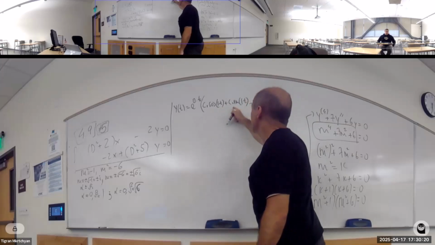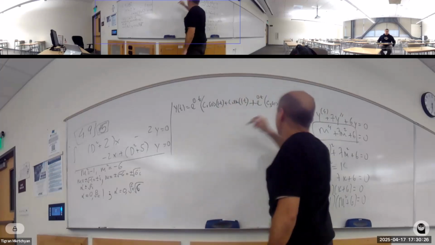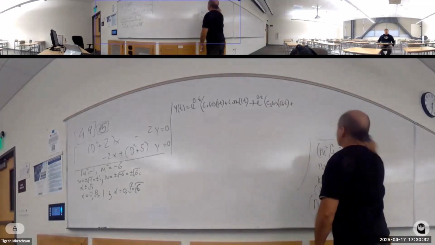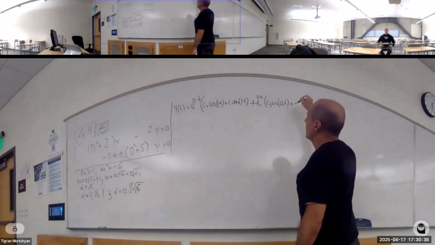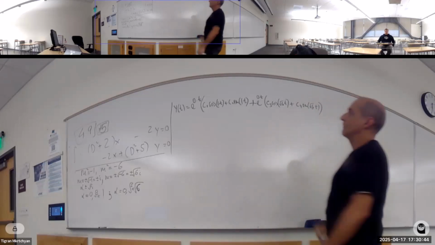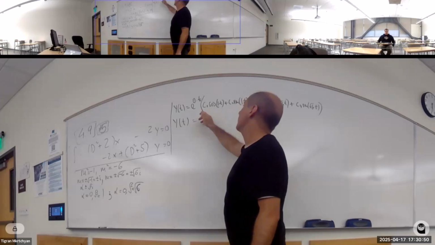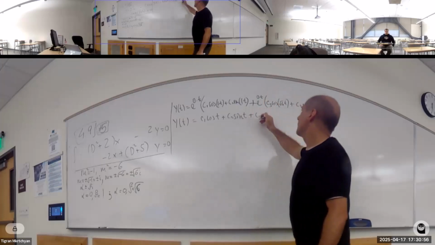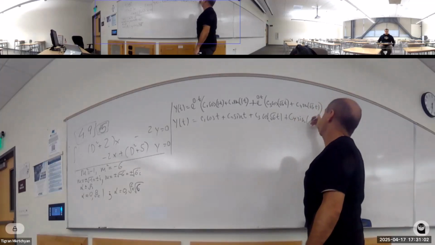But I only have c1, c2, so I'm going to have c3 cosine of beta t plus c4 sine. So let's just rewrite it. We got y of t equals c1 cosine t, c2 sine t, c3 cosine this guy, c4 sine this guy.